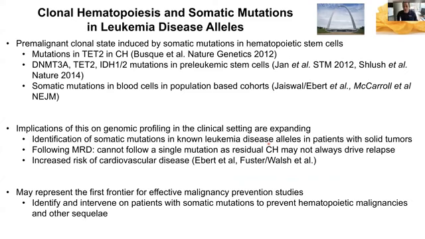The other thing that we've learned in the last few years is that AML is an evolutionary trajectory that goes from normal stem cells to a pre-malignant state we now know as clonal hematopoiesis. Some people like to call it ARCH or CHIP.